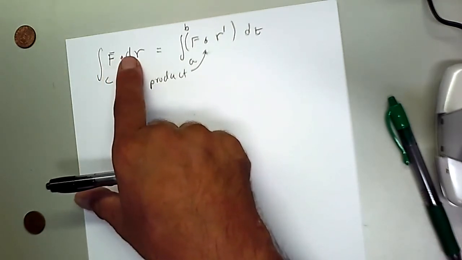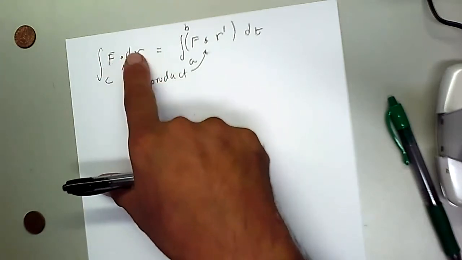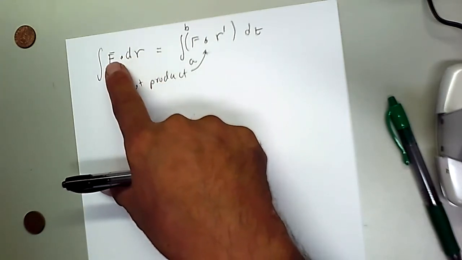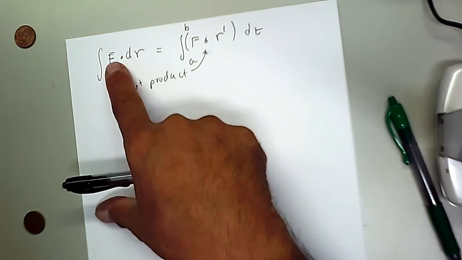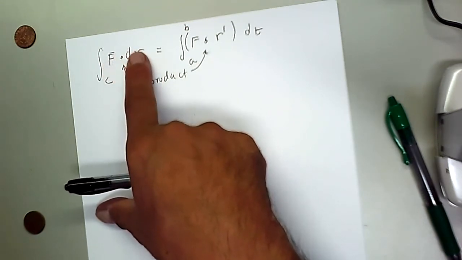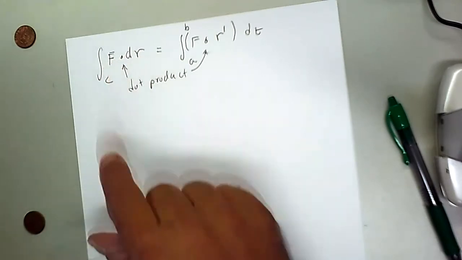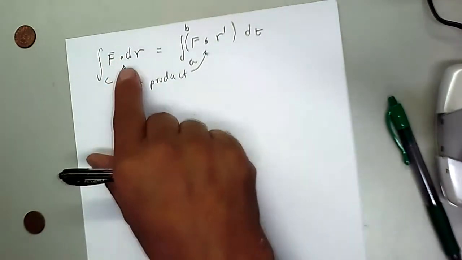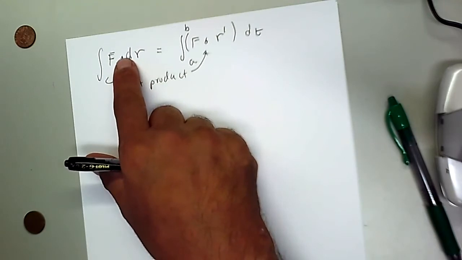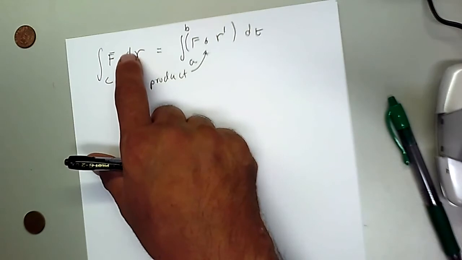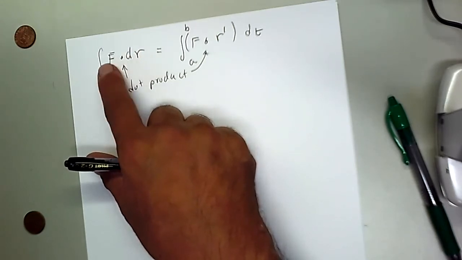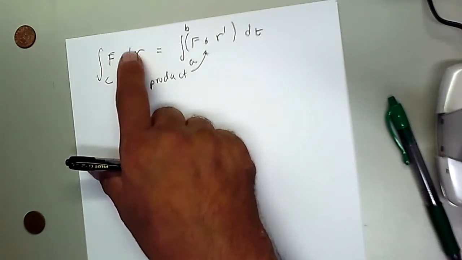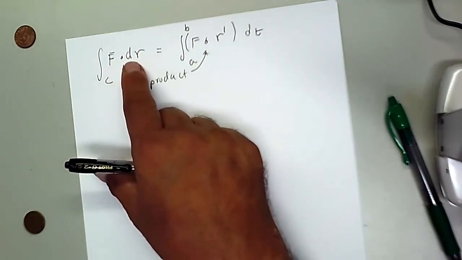If the force contributes to the motion, then we have more work. If the force field does not contribute to the motion, then we have less work. And that's why the dot product is important, because the dot product measures when things are going in the same direction versus things that are perpendicular. The dot product of 90 degrees is 0. And so when the force does not contribute whatsoever to the motion, then we have no work done.